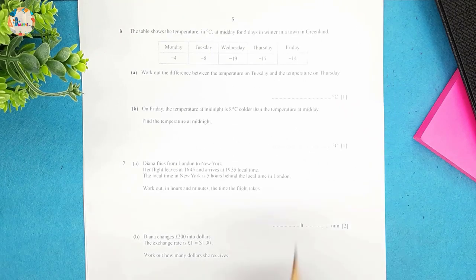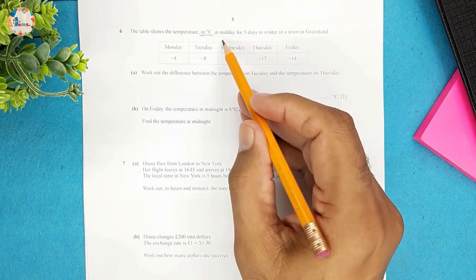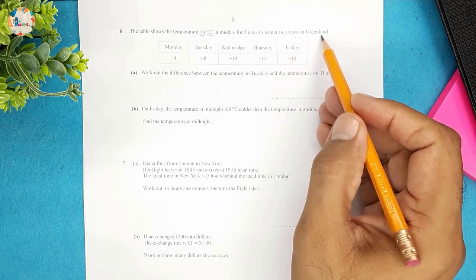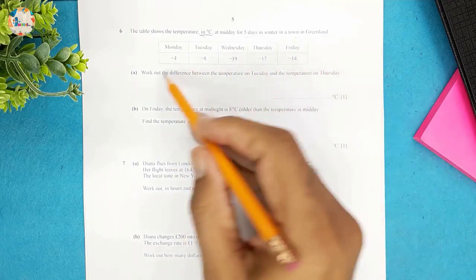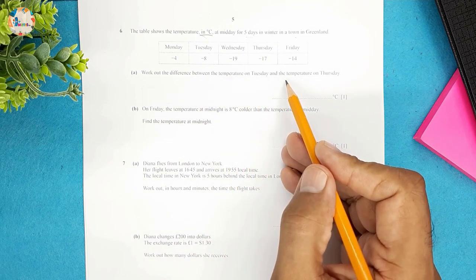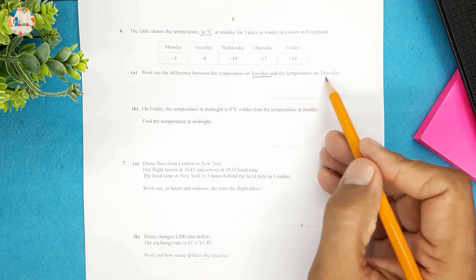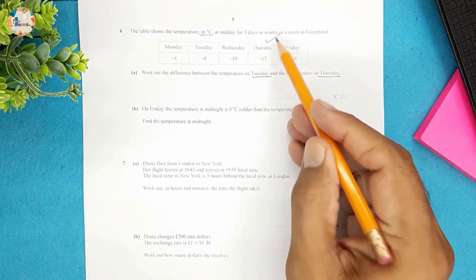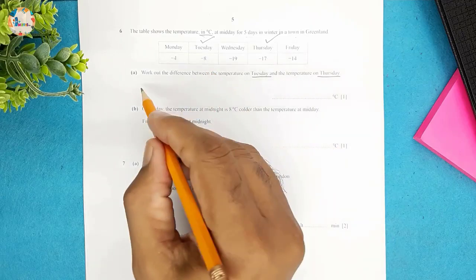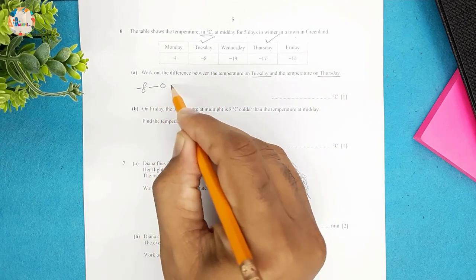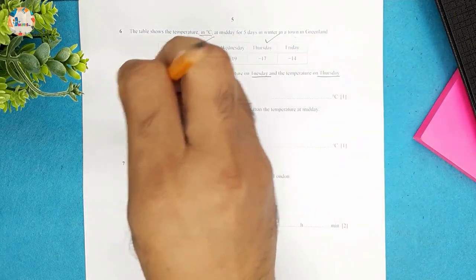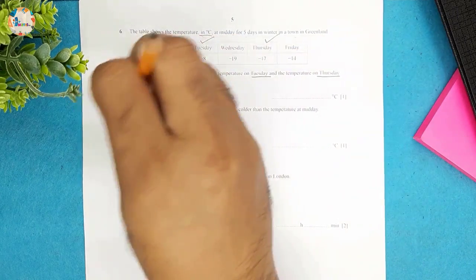The table shows the temperature in degrees Celsius at midday for 5 days in winter in a town in Greenland, Monday, Tuesday. So these tables were provided. Work out the difference between the temperature on Tuesday and the temperature on Thursday. So Thursday is this one and Tuesday is this one. So the difference will be, we will be checking from -8 to 0, and then basically it's -17. So it's not going towards 0.